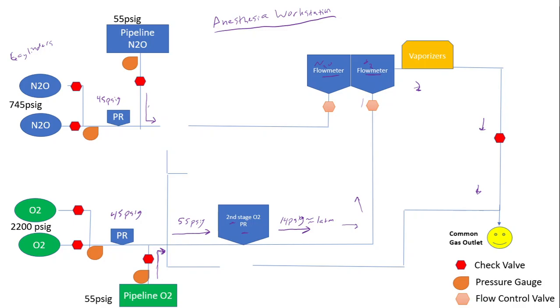The next thing that we have, speaking of having a hypoxic mixture, is this oxygen flush valve, which you can see there's a little gap right over here.